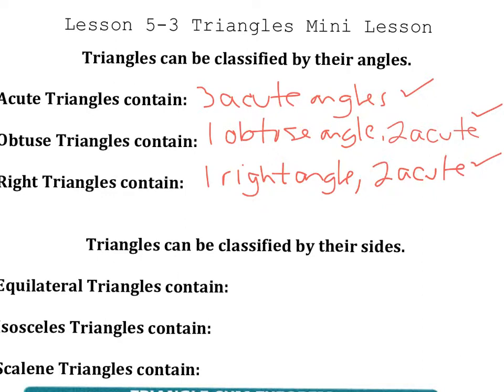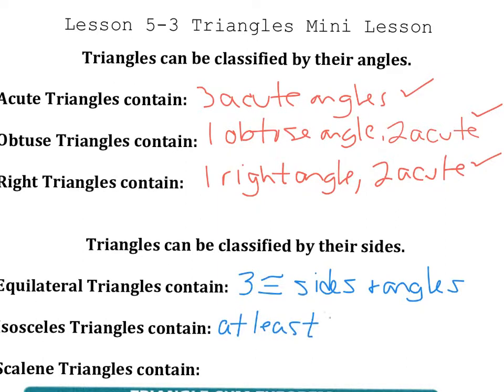Triangles can also be classified based on their sides. Equilateral triangles contain 3 congruent sides and angles. Isosceles triangles contain at least 2 congruent sides and angles.